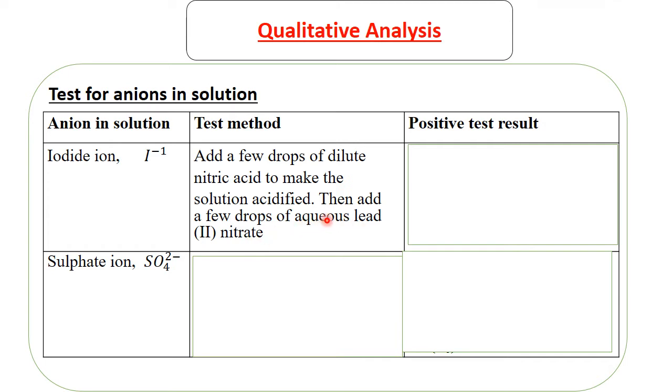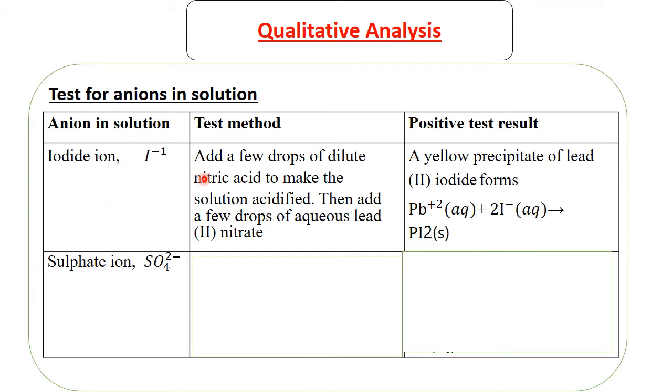When you add lead nitrate, the lead ion is going to react with iodide ion to form lead iodide. Lead iodide is yellow and it is insoluble, so a yellow precipitate of lead iodide is going to form.